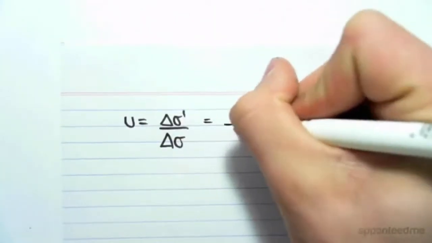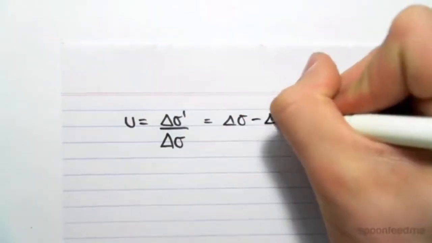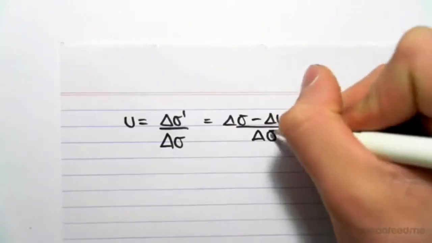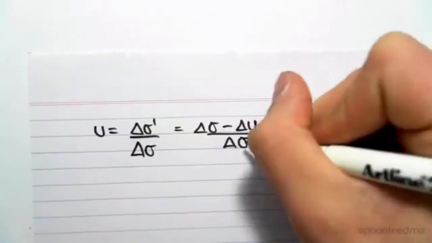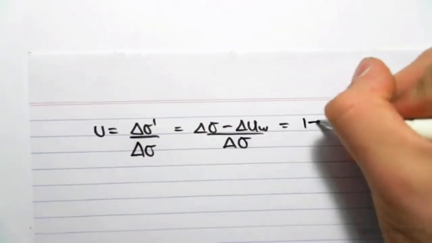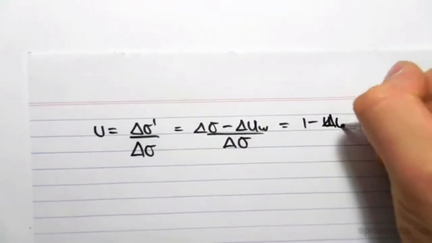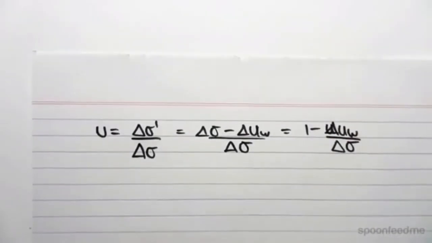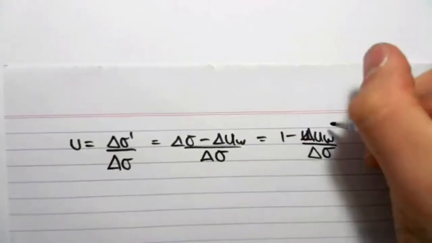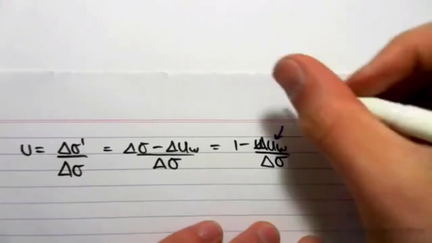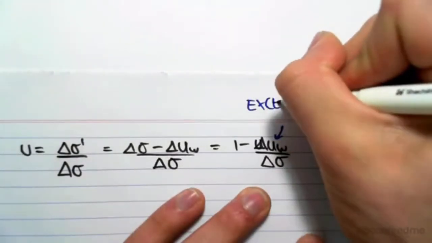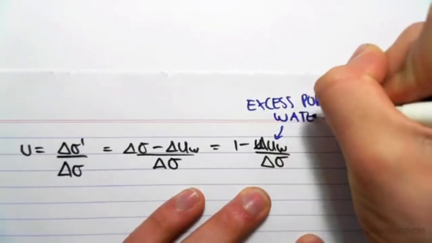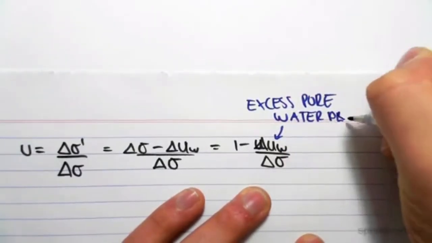Now we know that effective stress is the same as total stress minus the pore water pressure, so this is over the change in the total stress, which we can then further rewrite by splitting up the denominator as 1 minus the change in the pore water pressure over the change in the total stress. Now we can redefine the change in the pore water pressure as the excess pore water pressure.